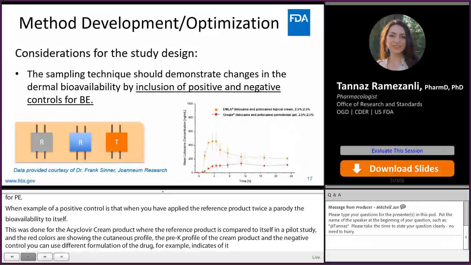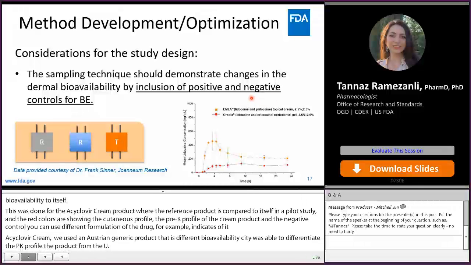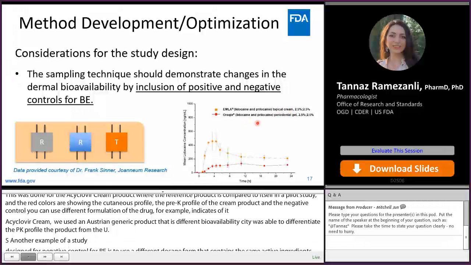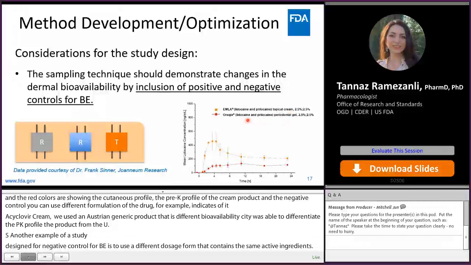Another example of a study designed for negative control for BE is to use a different dosage form that contains the same active ingredient. For example, when our reference product was EMLA lidocaine prilocaine topical cream, we selected Oraqix dental gel containing the same active ingredients at the same strength, and the bioavailability of the gel was compared with the EMLA, so the method was able to differentiate the PK profile of the cream product from the gel product.